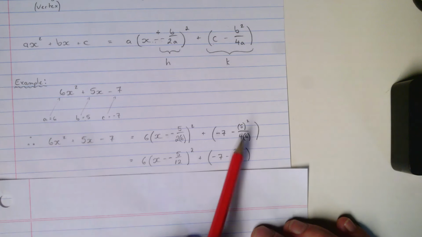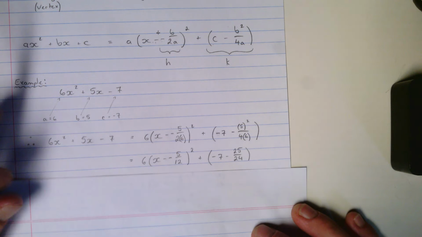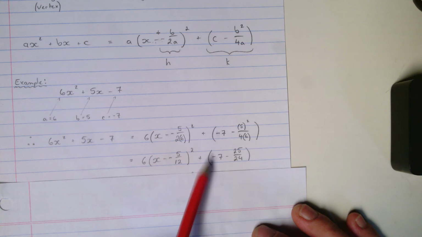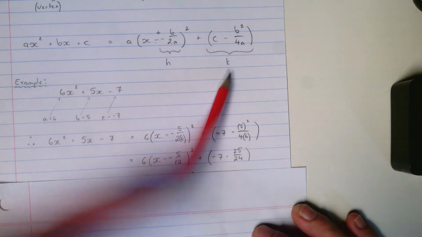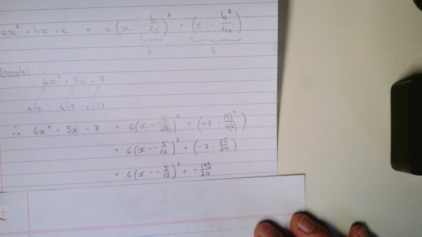I've simplified my 5 squared into 25 and 4 lots of 6 as 24. And then I've simplified that bracket, which, remember, this whole value here in this bracket represents the k value, which is the y turning point. So what we then get when we simplify that bracket is a negative 93 on 24.